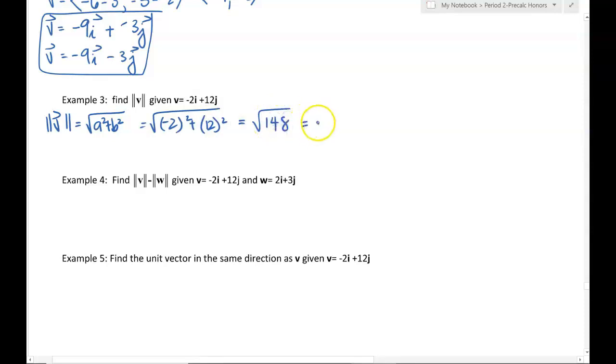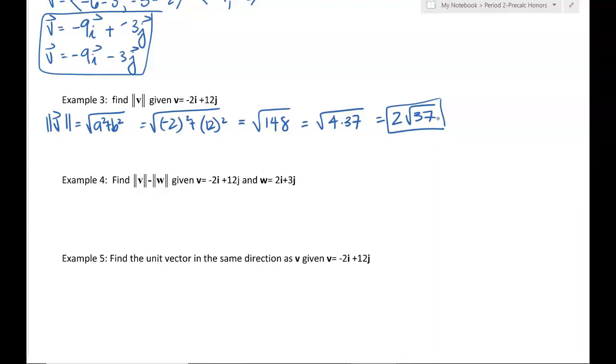Well, 148 we know is 4 times 37, so that's going to be 2 square root of 37. So the magnitude, which is the same as the length, is 2 radical 37. We don't need to use a calculator. I just need you to give me the simplest radical form on that one.